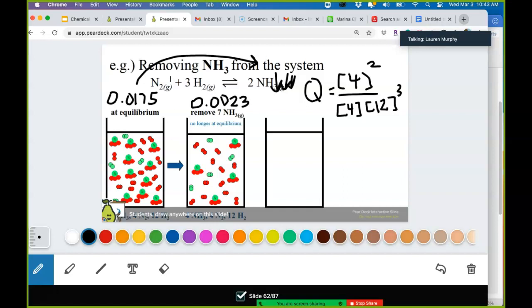And it will do that by lowering these guys' concentrations for them combining to make this guy. All right? So again, this is Q less than K. I have too much reactants and not enough products given this situation. So I need to shift back to the products until 0.0023 increases until it's 0.0175 and equilibrium is established.